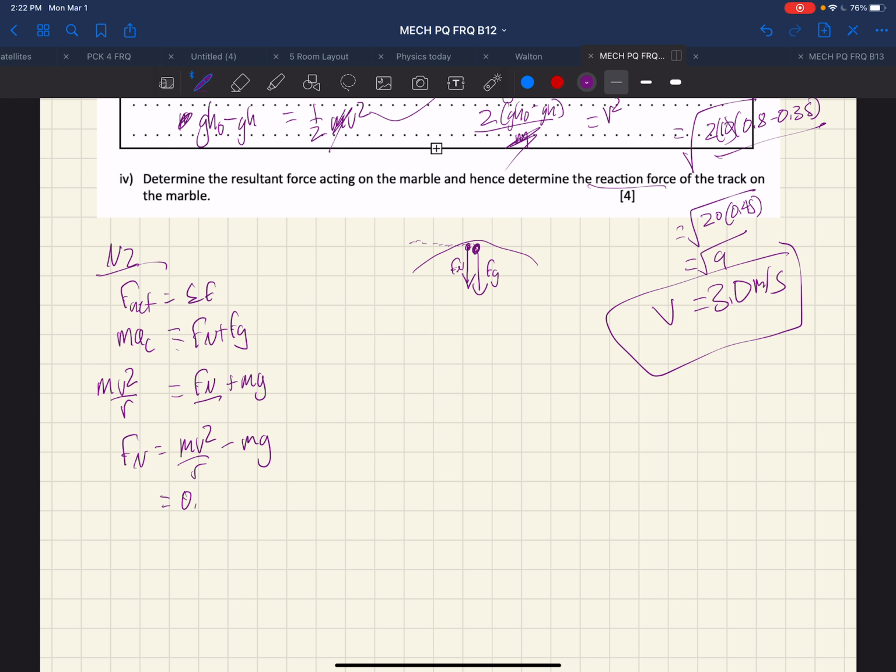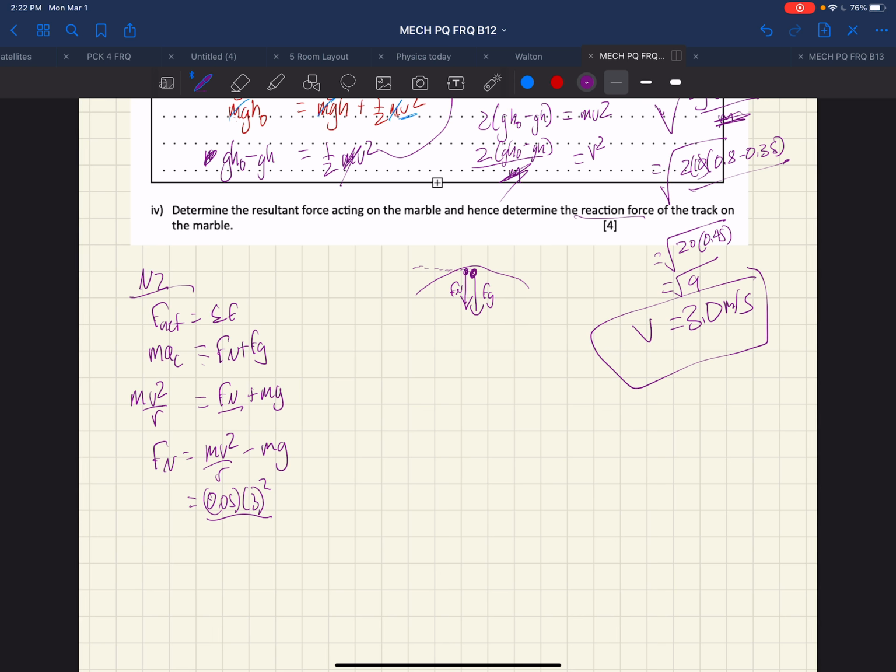The mass is 0.05. The velocity given to us was 3. And the radius is half of this total height, which was 0.35. So it's 0.35 over 2. And that is minus the mass, 0.05, times 10, the gravity.